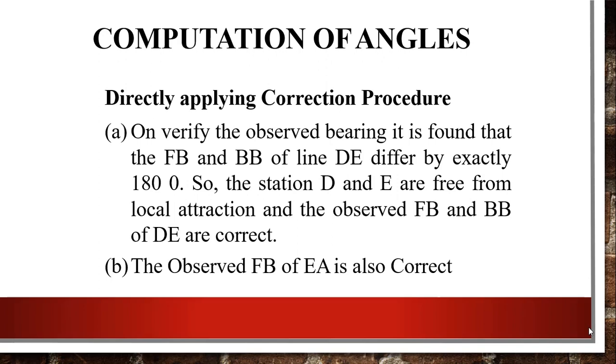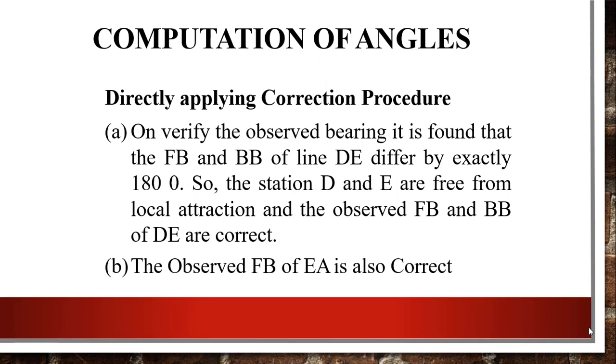Next, the observed FB of EA is also correct. Whatever bearings are measured with respect to station E are correct, because stations D and E are free from local attraction, as the forebearing and back bearing difference is exactly 180 degree in this case.